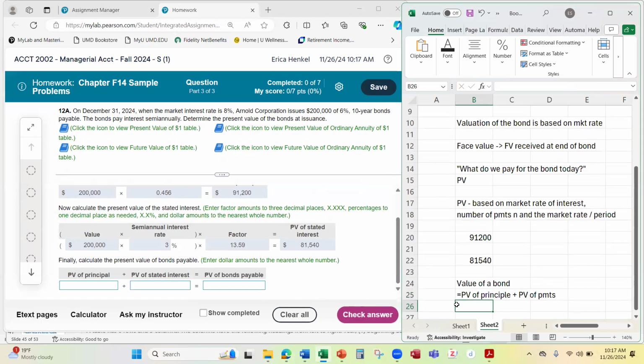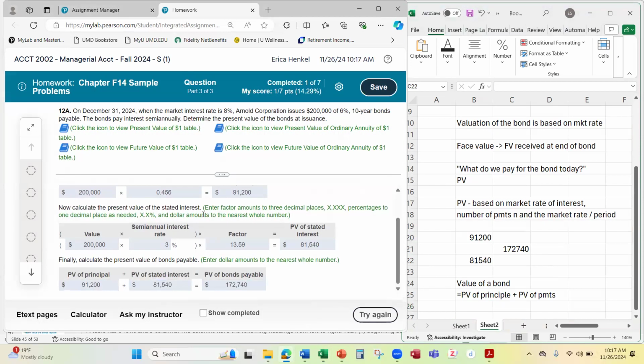Here, our present value of our principal was the 91,200, and the present value of the stated interest was the 81,540. So adding those together gets us 172,740. So that's what we would pay today in total for the value of the bond and the stream of subsequent payments that we would receive over time.